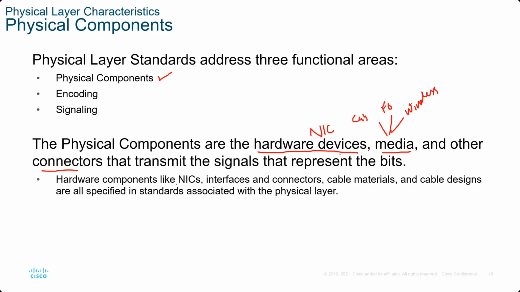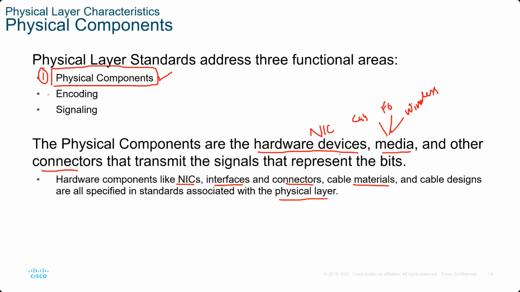So hardware components like NICs, interfaces, connectors, cable materials, and cable designs are all specified in standards associated with the physical layer. That is the big part of physical layer standards, which layer 1 has to address and define. That's one part of it.